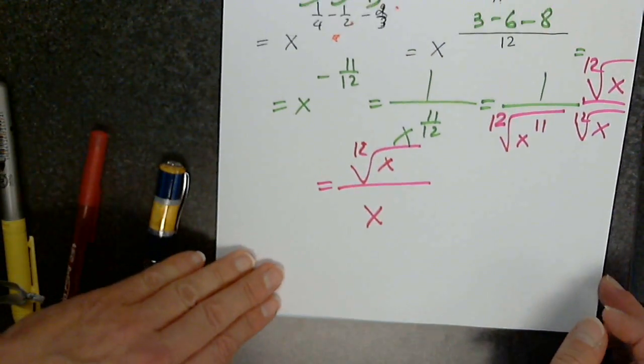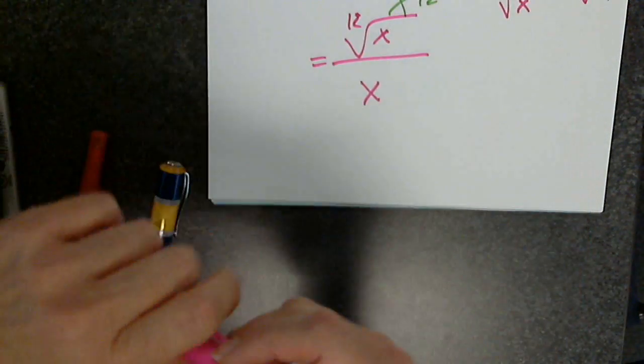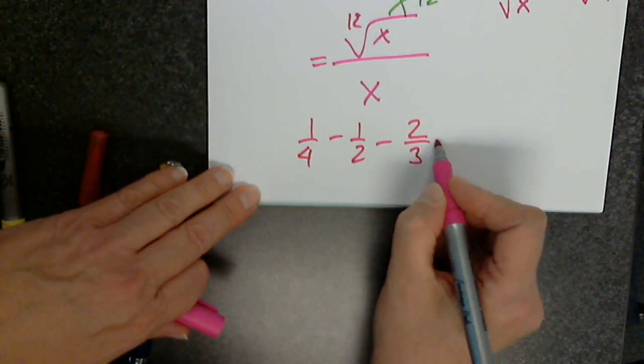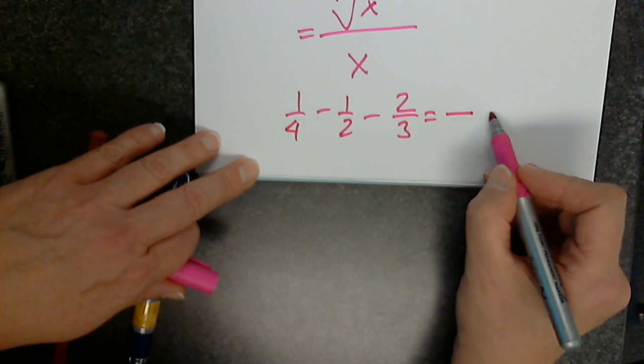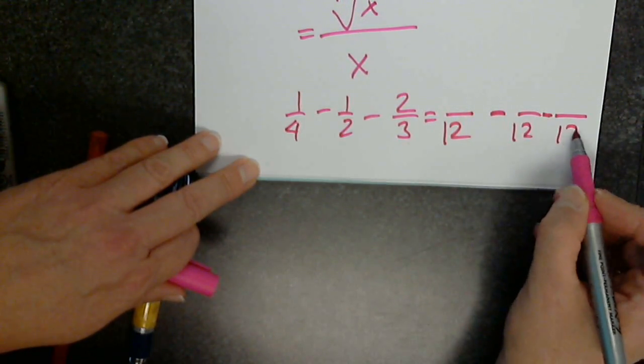I'm still stuck in the beginning. Like, if you have to get a common denominator of 12, and you have to multiply 3 by 4 to get 12, how do you get 4 at the top if you have to multiply the 2 by 4 also? Okay, so I have 1 over 4 minus 1 over 2 minus 2 over 3. All of them have to be changed into something over 12.